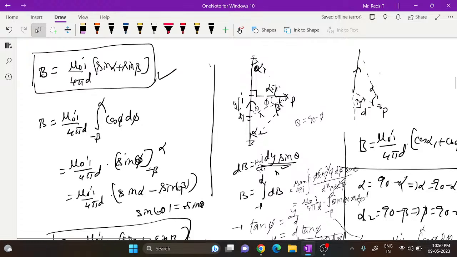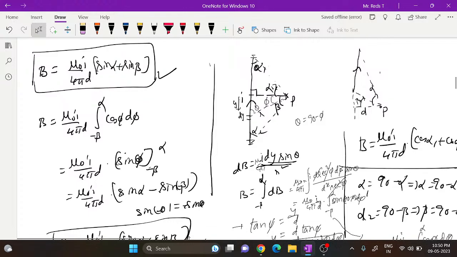So you can consider a straight current carrying conductor and a small element above the perpendicular line. If you want the field at a point P, you have to draw a perpendicular line to the conductor. The small element you have considered below this at a distance of y; you can consider below or above, either way. So we have considered a small element of length dy at a distance y from this perpendicular line.